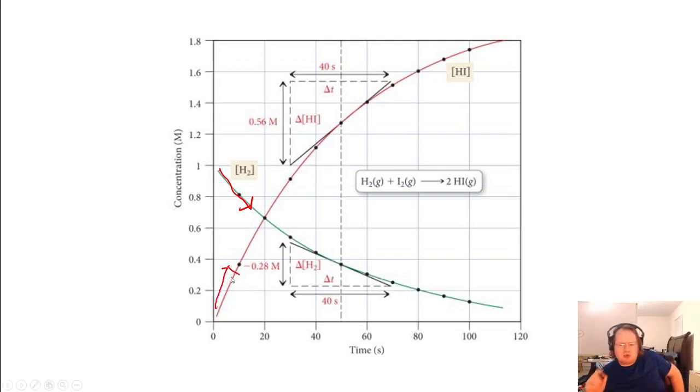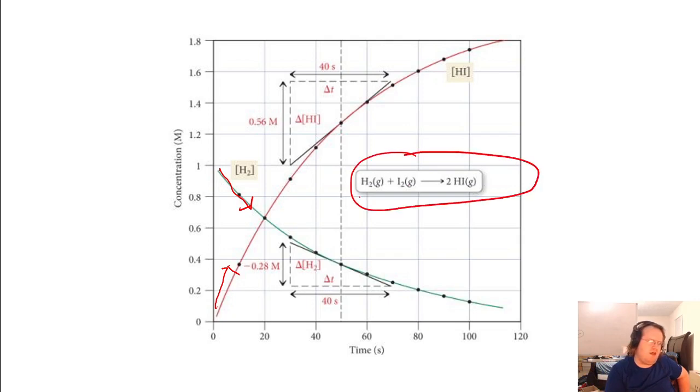And it's not just that one is going down and the other is going up, but they have a relationship between them. Looking at the balanced chemical reaction here, every time you use up a hydrogen molecule, you make 2 HI molecules. So if you used up 0.1 molar hydrogen, you should have 0.2 molar HI made.